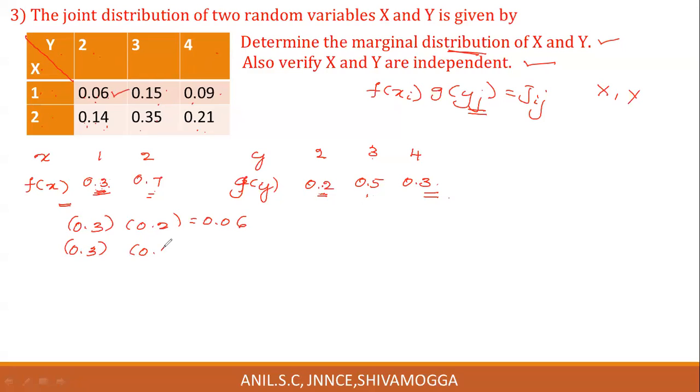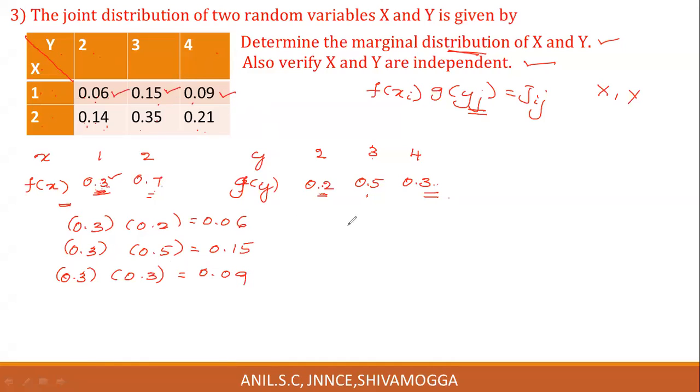This is equal to 0.15, right? 0.15, correct. Next, 0.3 into 0.3. Clearly, this is equal to 0.09, same as this value, 0.09.